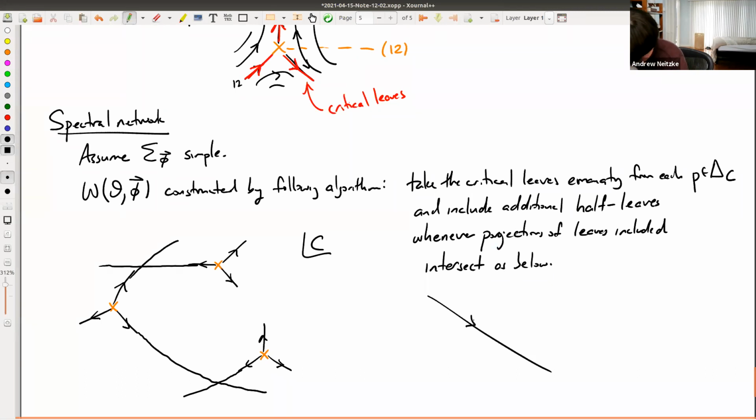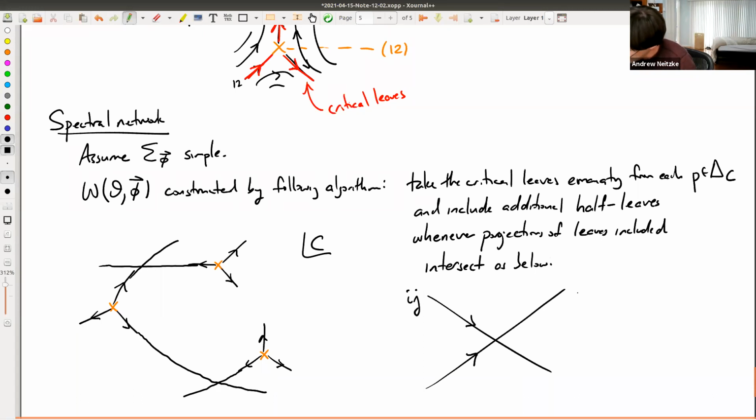The foliation is living on this root cover, so each leaf comes with a label by a pair of sheets of sigma. It's labeled, say, IJ. That's the label that labels a sheet of this cover.